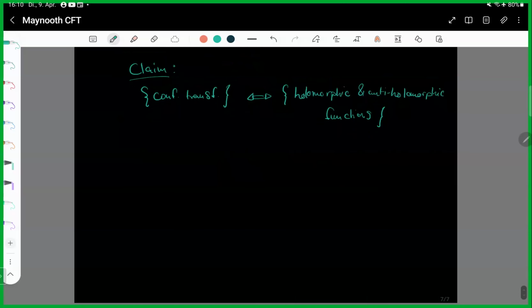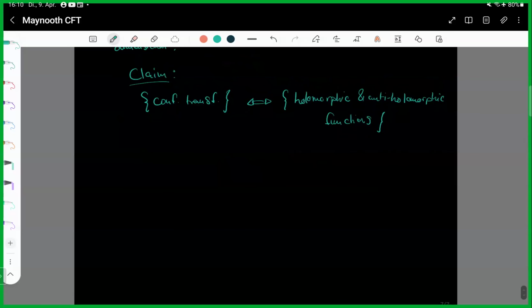So let's think a bit about this. I'm going to start and show that. Let's see which direction I'm going to show. So we're going to show this direction. So we're going to take a conformal transformation.